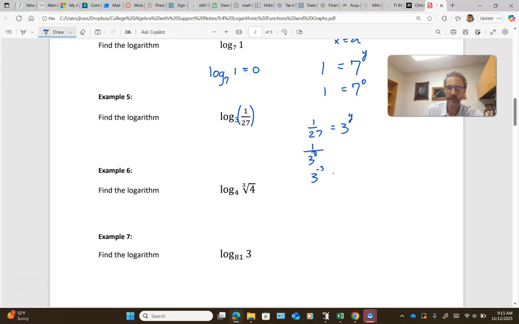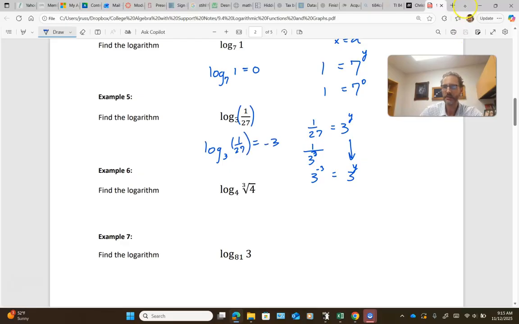And so by doing that, I have expressed that left-hand side as a power of 3. And so now I can answer this question because I know what that exponent is. It's negative 3. So log base 3 of 1/27 is negative 3.